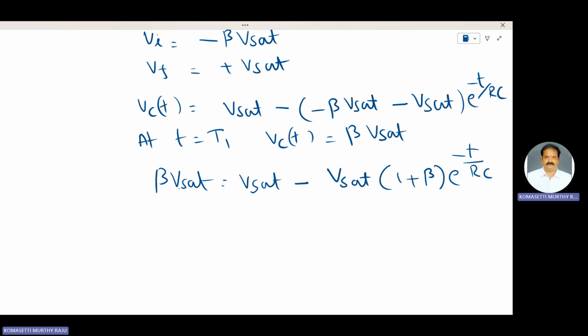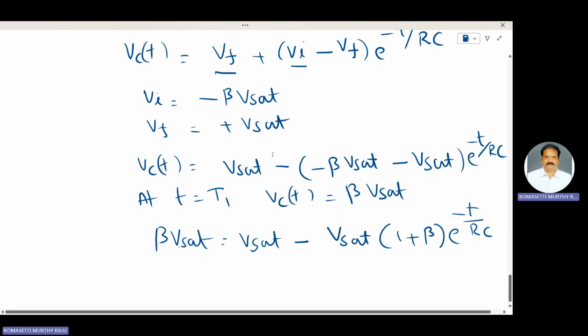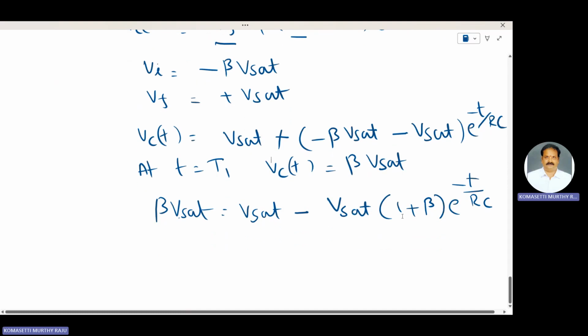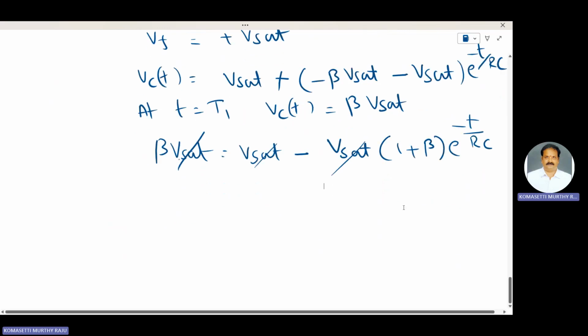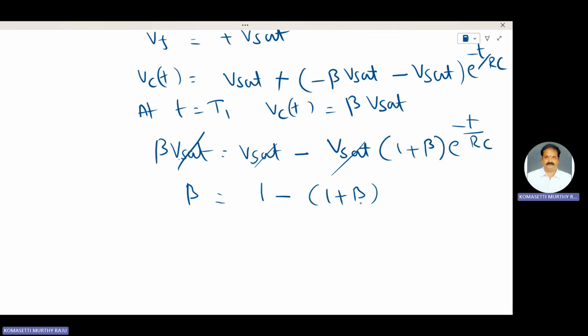Here minus into minus is plus. Clear, V sat is cancelled. Therefore beta is equal to 1 minus (1 plus beta) e power minus T1 by RC.